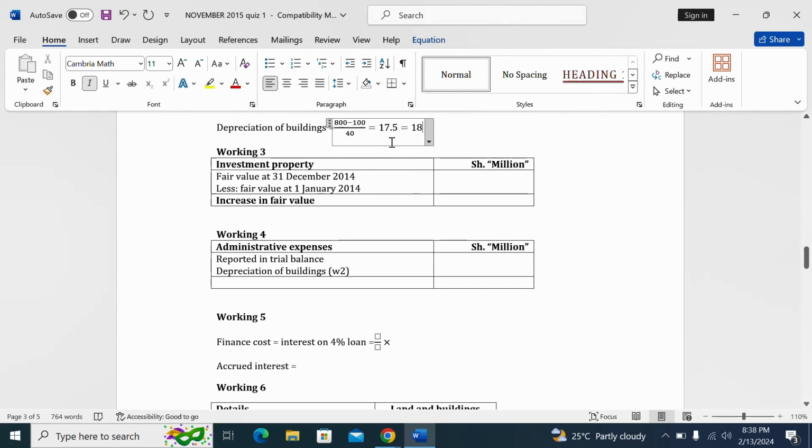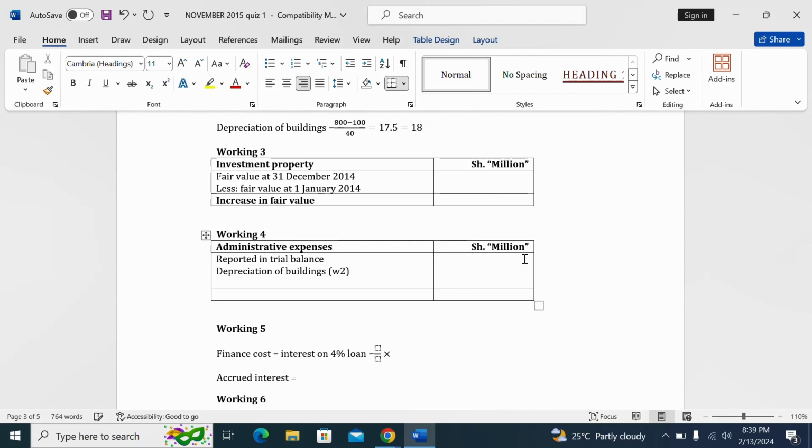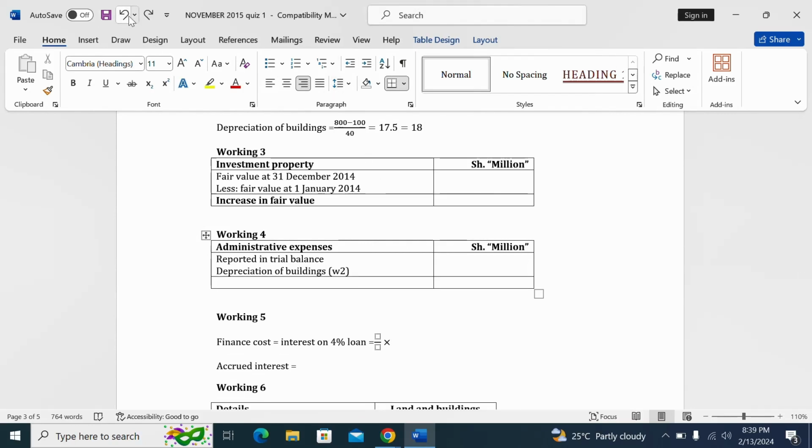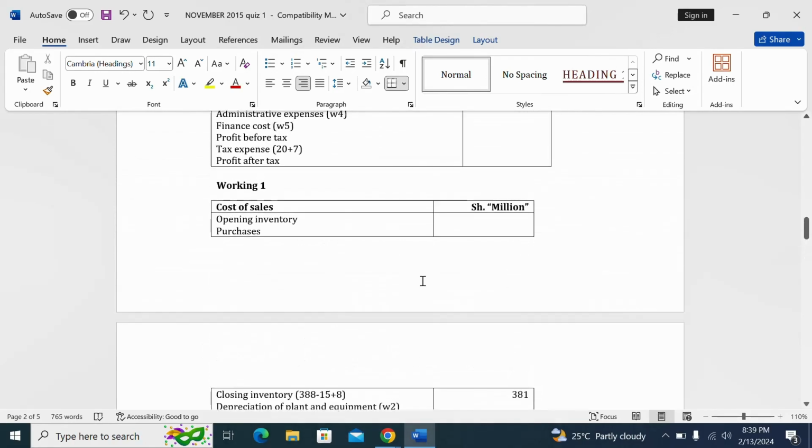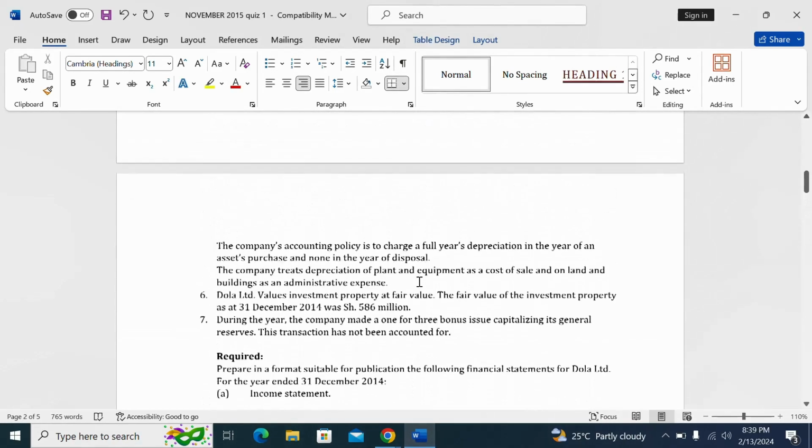And remember, this depreciation of building is being treated as an administrative expense. Therefore, I'll come to my administrative expense and add that 18 million there, being the depreciation of building in working note number 2. Then we will calculate the revaluation later. We proceed.